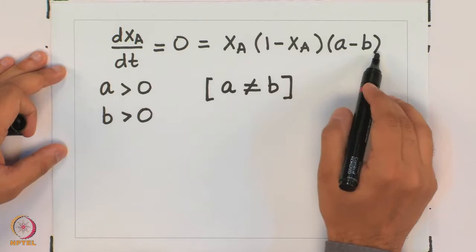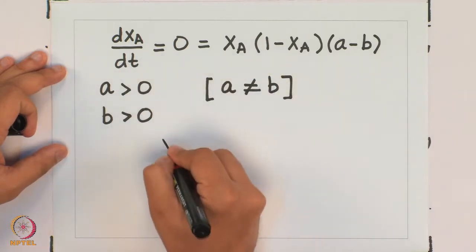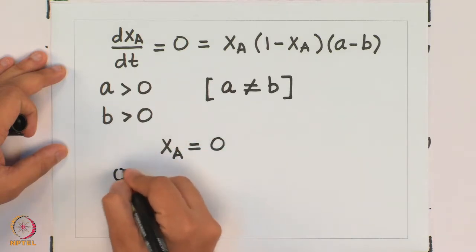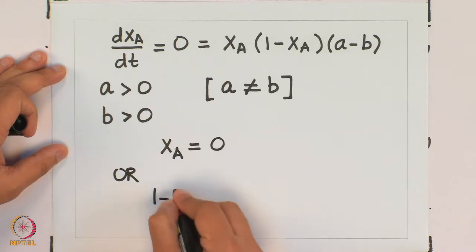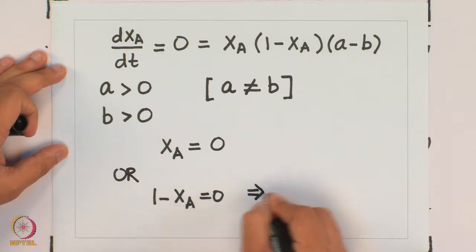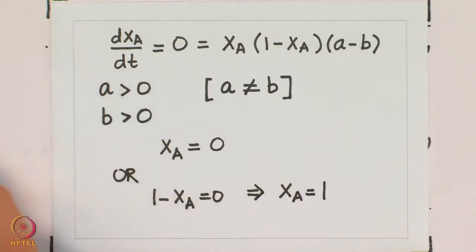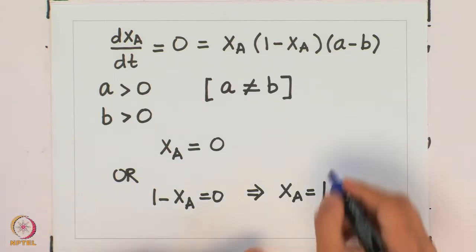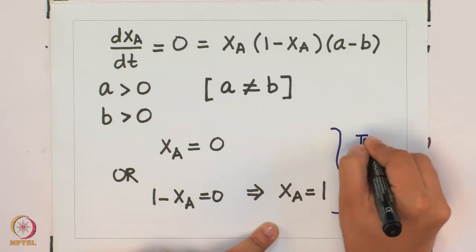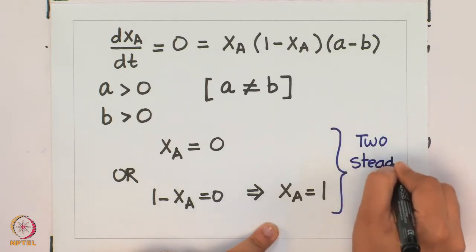So, this is a non-zero quantity. So, dx A by dt is only equal to 0 when either x A is equal to 0 or 1 minus x A is equal to 0, which implies x A is equal to 1. And these two quantities, x A equal to 0 and x A equal to 1, are my two steady states associated with this system.